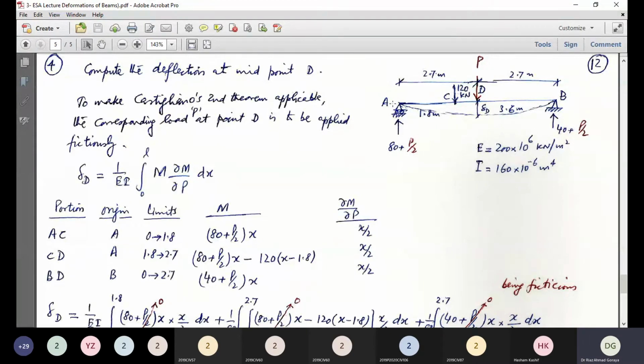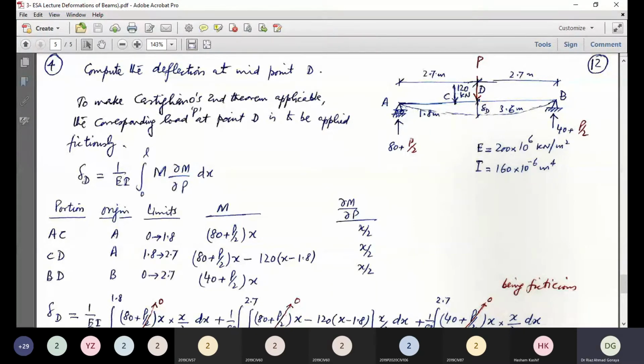If A is taken as origin, the distance x will be measured from point A, and the section x will lie between C and D. Then the limit will start from 1.8, this point C is at a distance of 1.8, up to 2.7.